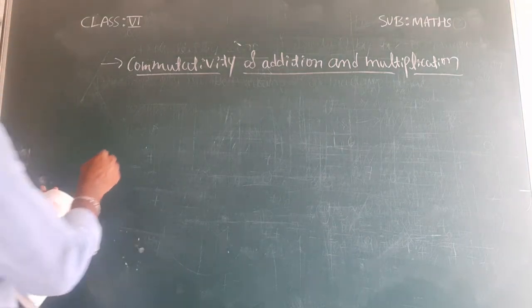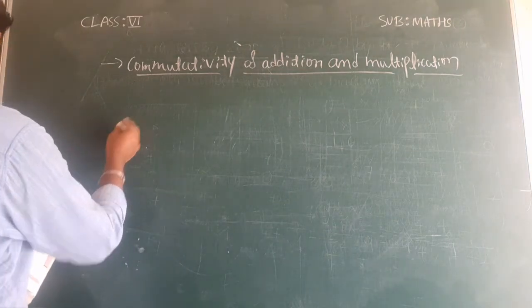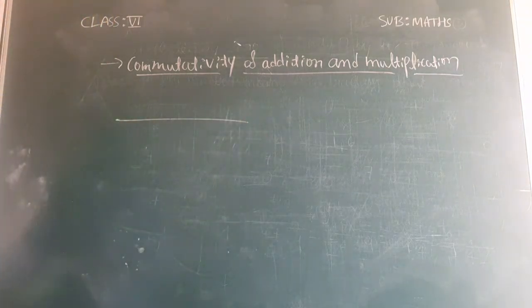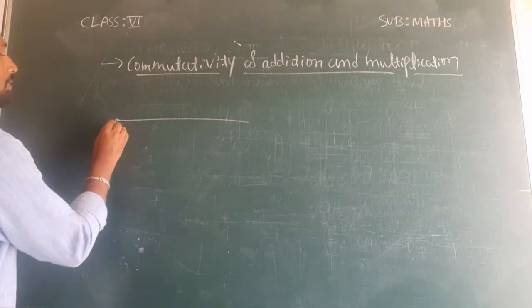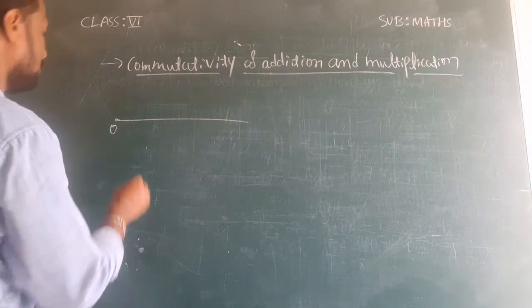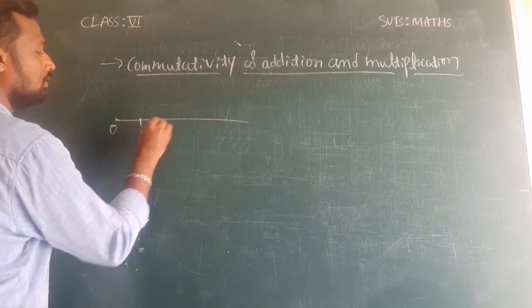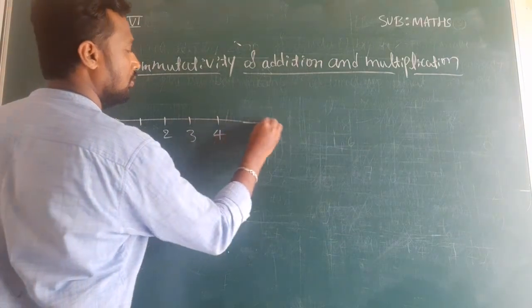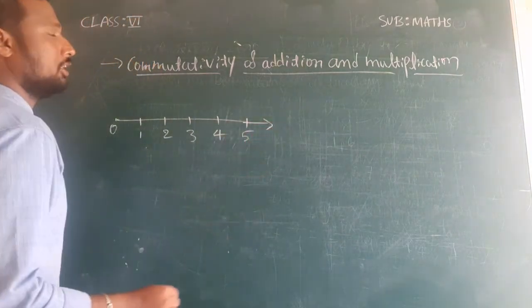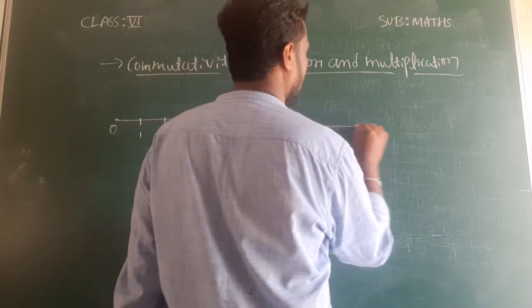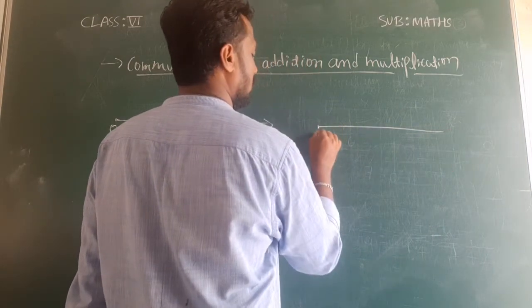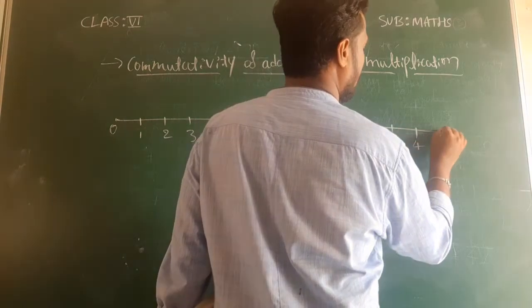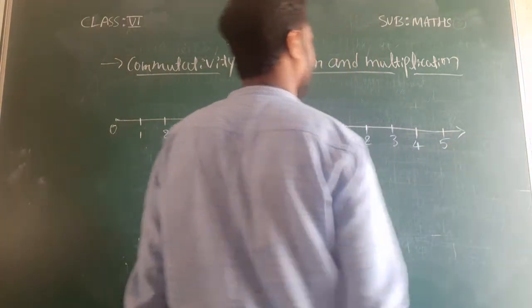So now we have a number line of whole numbers. Whole numbers start from 0. Already you know this: 0, 1, 2, 3, 4, 5. Like this only. We have considered another number line here: 0, 1, 2, 3, 4, 5.